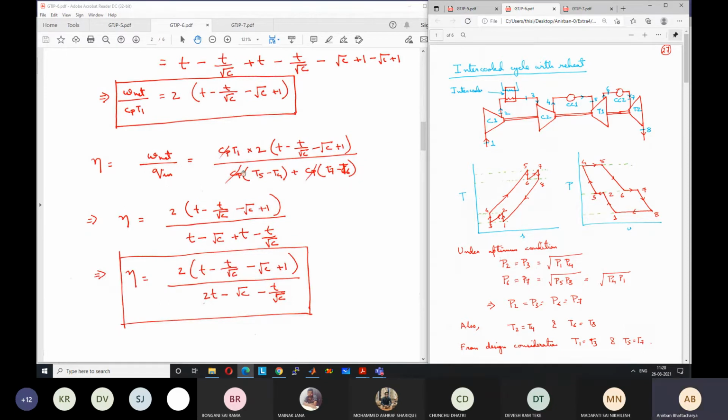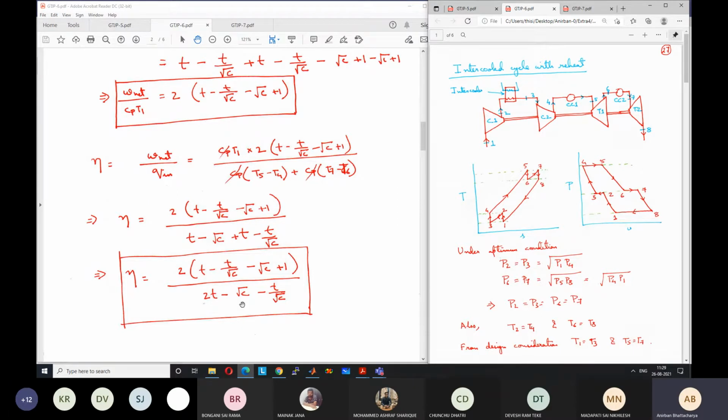Just cancel CP and divide the denominator by T1. You will get T5 by T1, which is equal to T. Then T4 by T1 is nothing but T4 by T3, which is root C. Then T7 by T1, because T7 equals T5, again that is T. And T6 by T1, which we have seen previously, T6 by T1 is T5 by T1 into T6 by T5, which is equal to T by root C. So this is our ultimate expression for the efficiency.